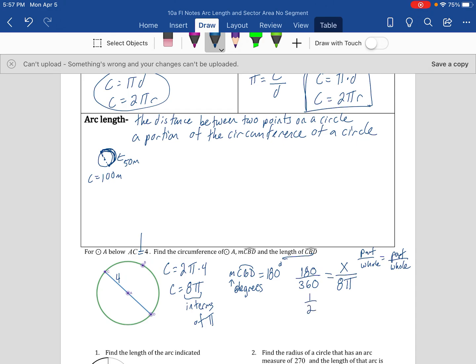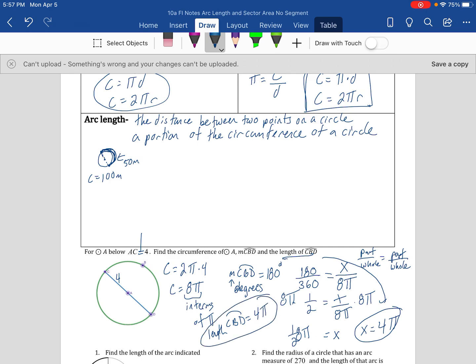Another way to think about this is, well, 180 over 360 is 1/2, equal to x over 8 pi. If I multiply each side by 8 pi, x, my arc length, is going to be equal to 1/2 of 8 pi. So x, my arc length, is going to be equal to 4 pi. So the length of CBD is equal to 4 pi.